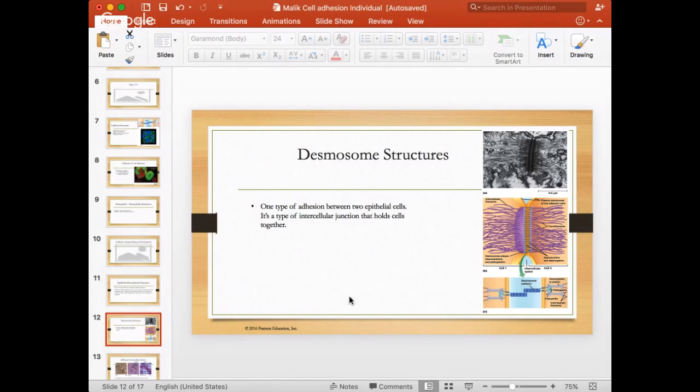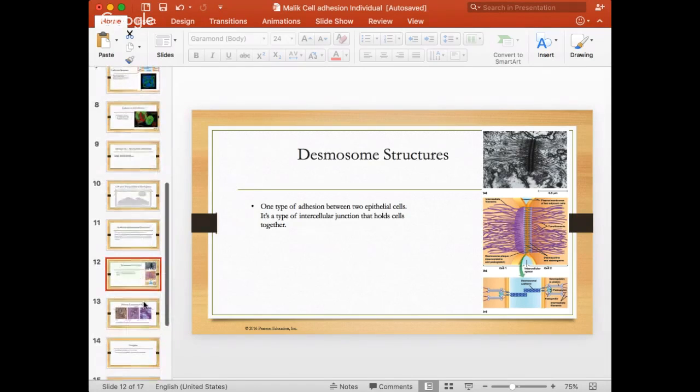So this is the desmosome right here. These are connected, and that holds the cells together. You can also see this thick layer right here, and also the desmosomal cadherins in this figure.